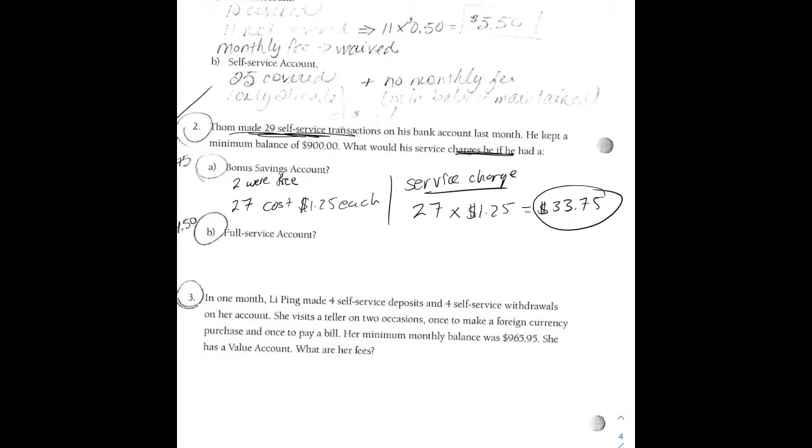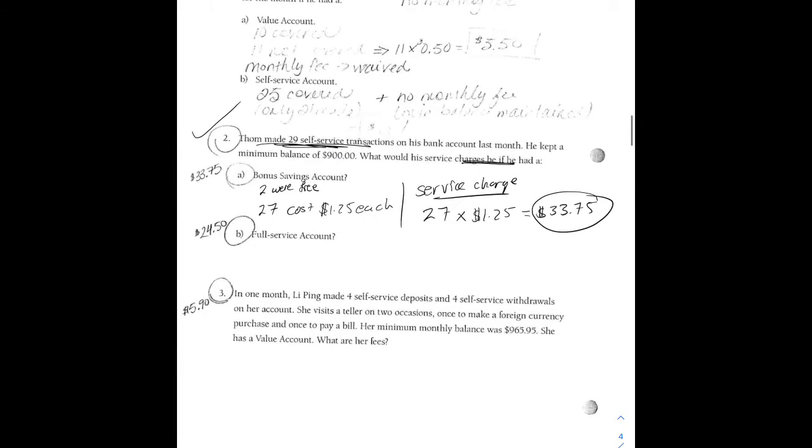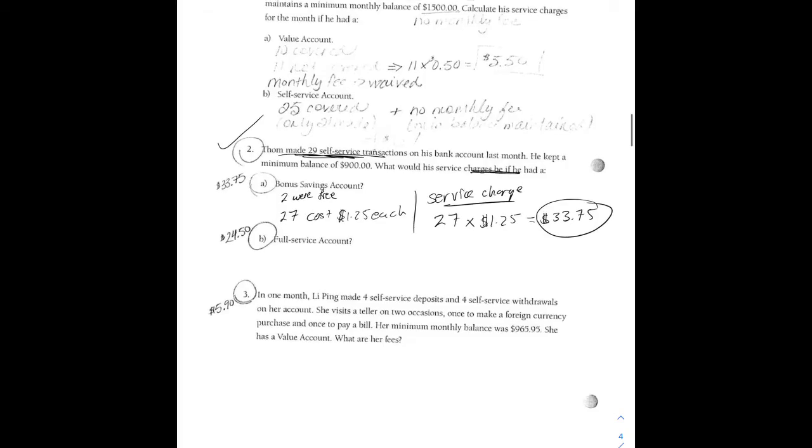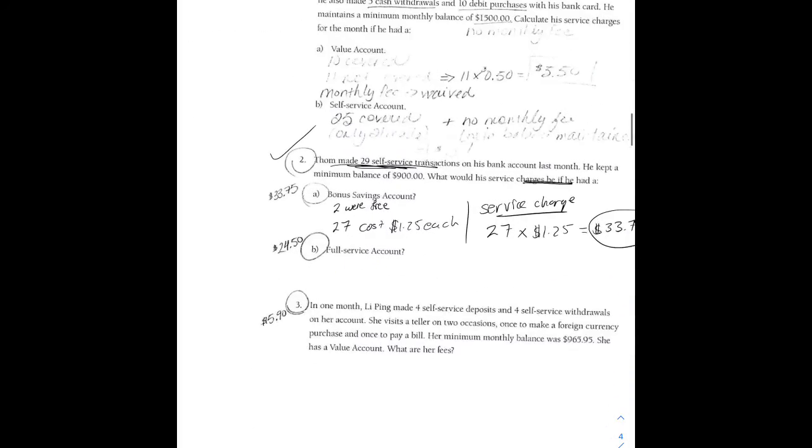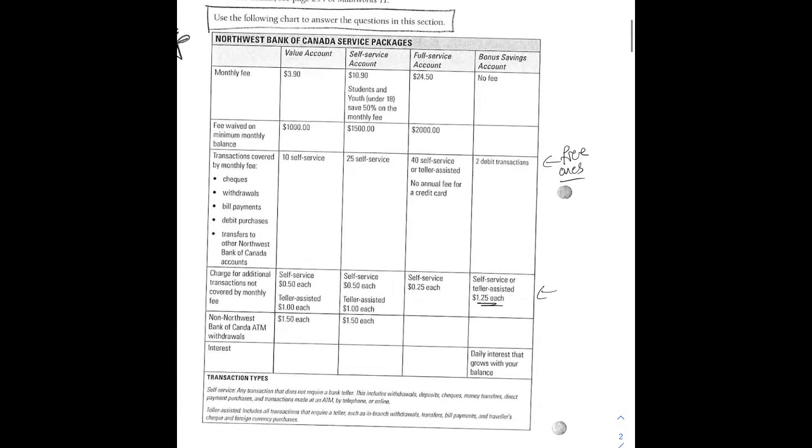Now, how much would it cost him if he had a full service account? Look here, he had a minimum balance of $900, so that means he at least stayed over $900. We're doing the full service account. For one, it costs him $24.50 a month, but that's not a service charge.